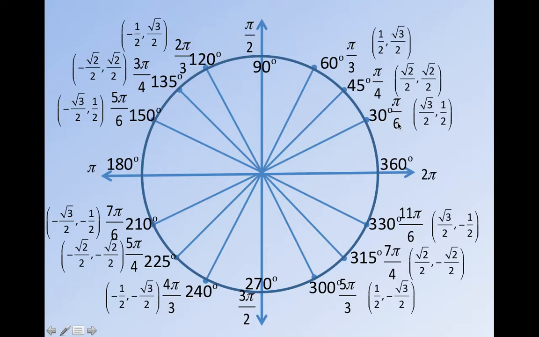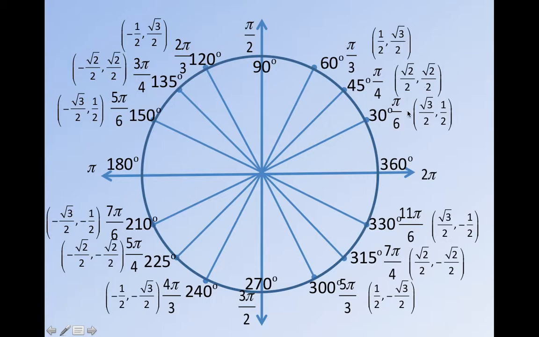So, as a little wrap up to these points, what I do is look at the denominator. If it's a 6, I know the first coordinate is the square root of 3 over 2 because 3 times 2 is 6. If the denominator is a 4, I know that both of the coordinates are the square root of 2 over 2 because 2 plus 2 is 4 and 2 times 2 is 4. If the denominator is a 3, I know that 1/2 is going to come first because 1 plus 2 is 3.